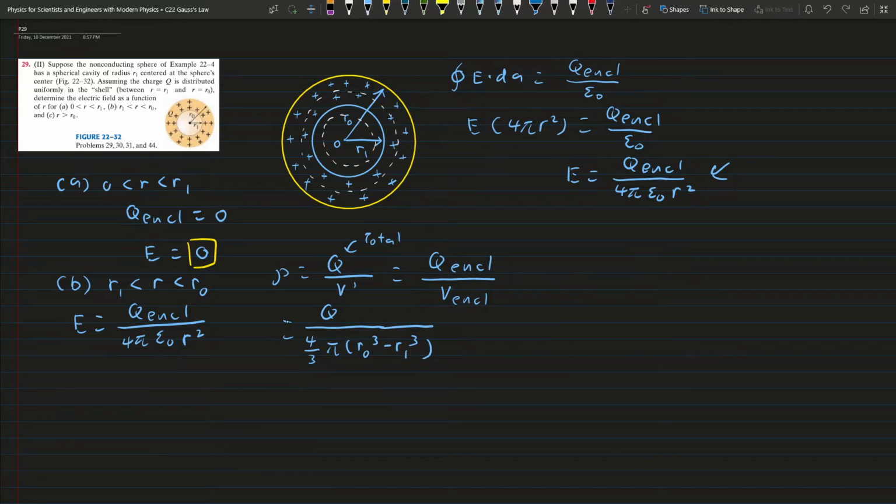Now this equals Q enclosed over the volume enclosed.